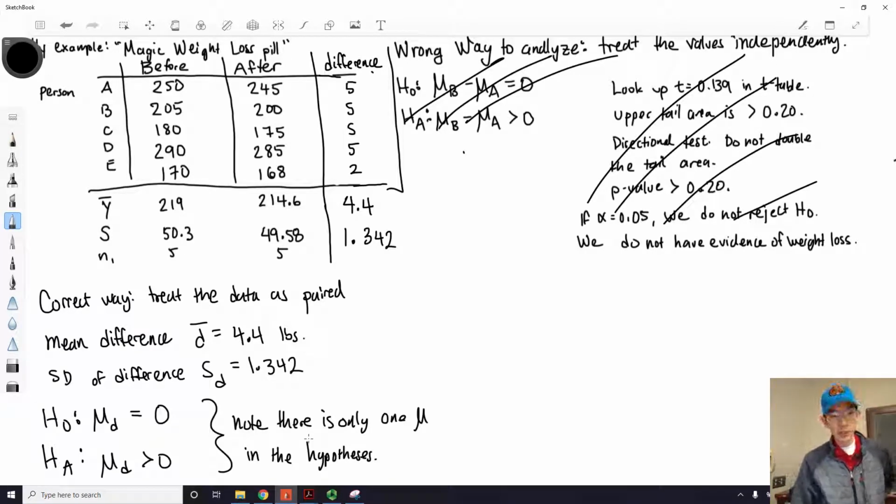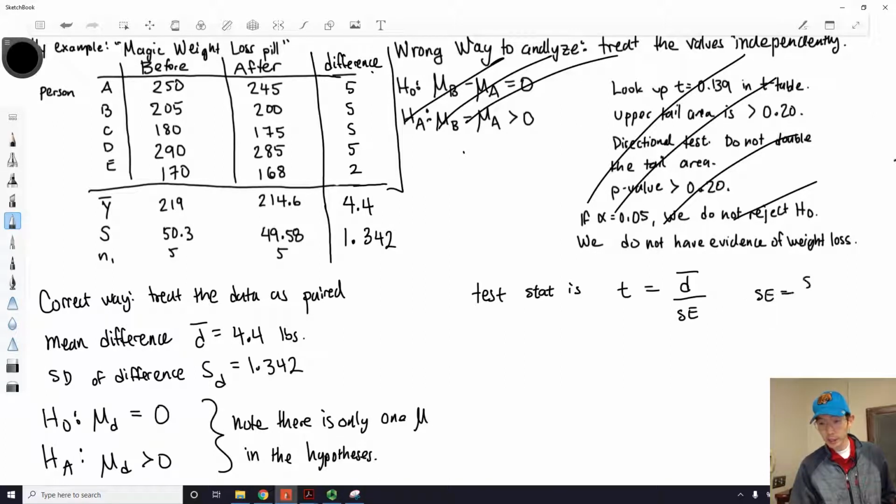All right, and so here our test statistic is going to be T is equal to D bar divided by the standard error. And the standard error is going to be S divided by the square root of n.